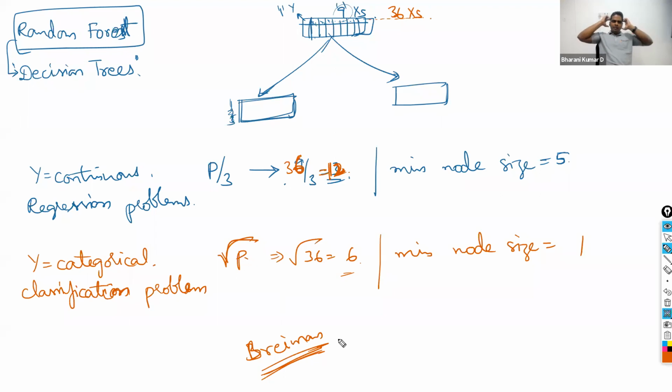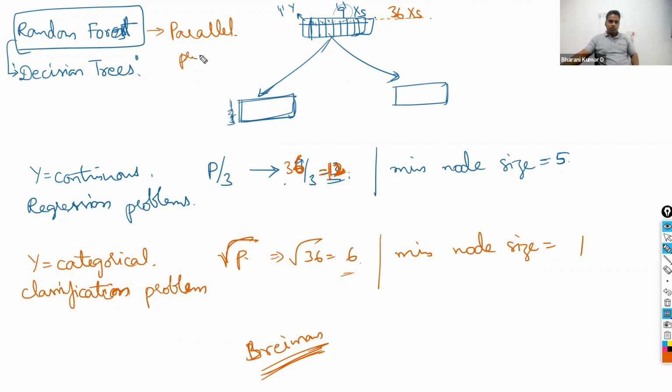Now, can we do parallel processing here when it comes to random forest? Yes, parallel processing is possible because you have different decision trees that you're building. Multiple decision trees, and each decision tree is a different algorithm in its own.